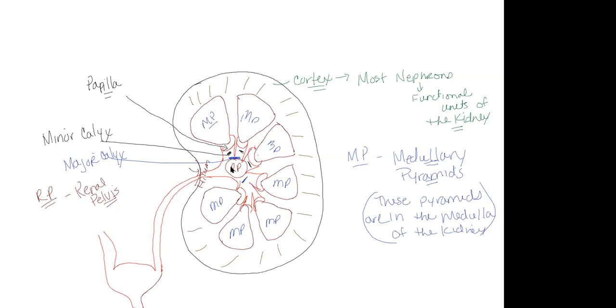All right. So the renal pelvis is then going to flow into the ureter. So this is the ureter. The ureter is then going to flow into the bladder. So we say this is the urinary bladder. And the bladder will flow into the urethra.